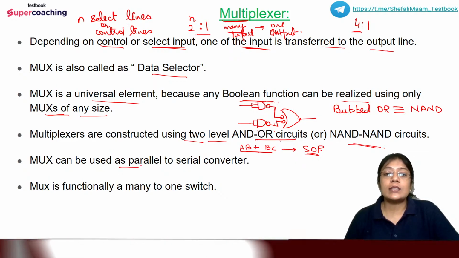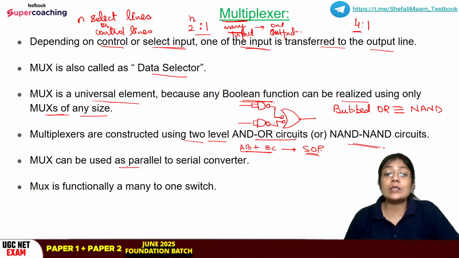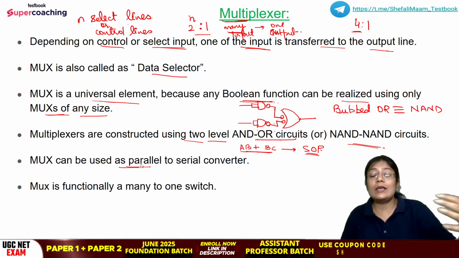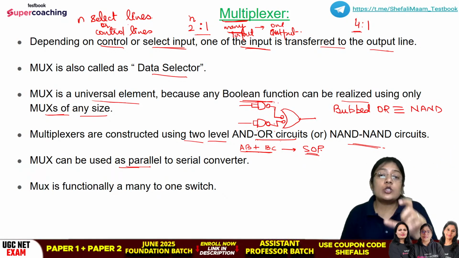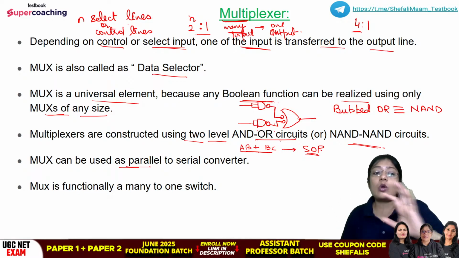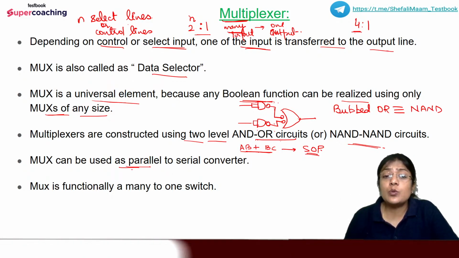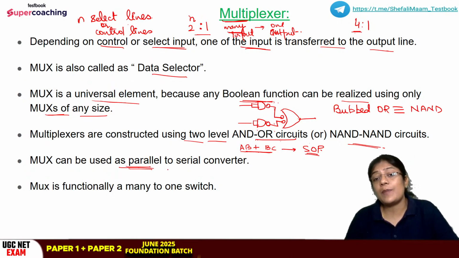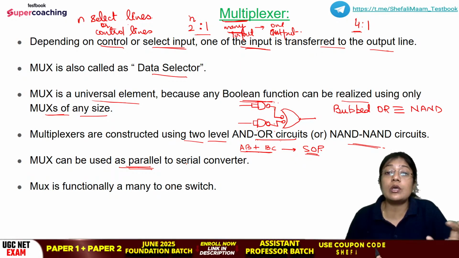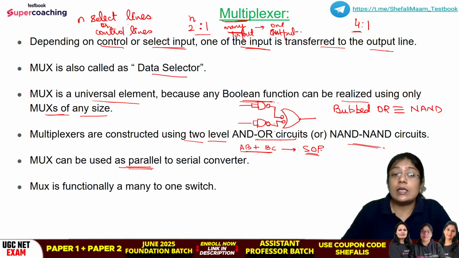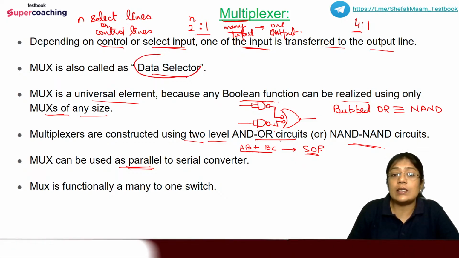Multiplexers can be used as a parallel to serial converter, because we are getting the input in parallel from multiple sources, but the output is going only on one line. That is why it is also known as a parallel to serial converter. You should know the different names as well. It is also known as the data selector, because it is selecting the data.